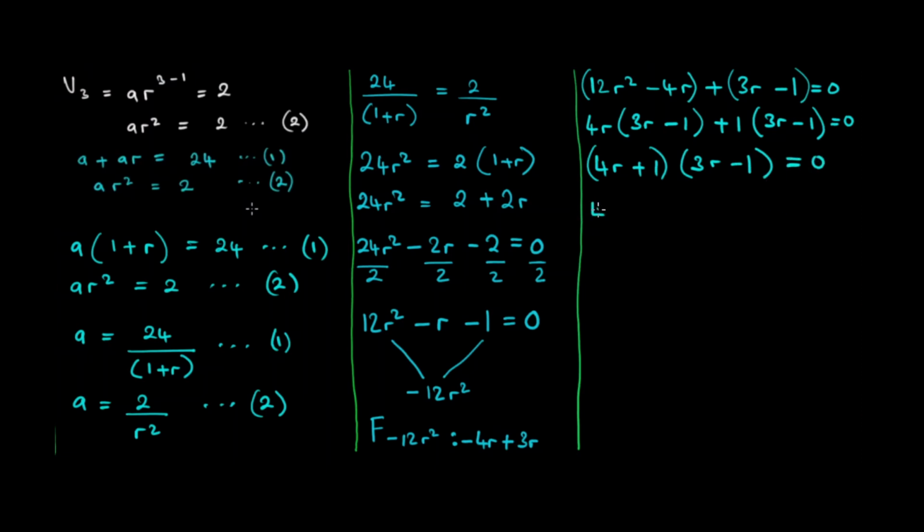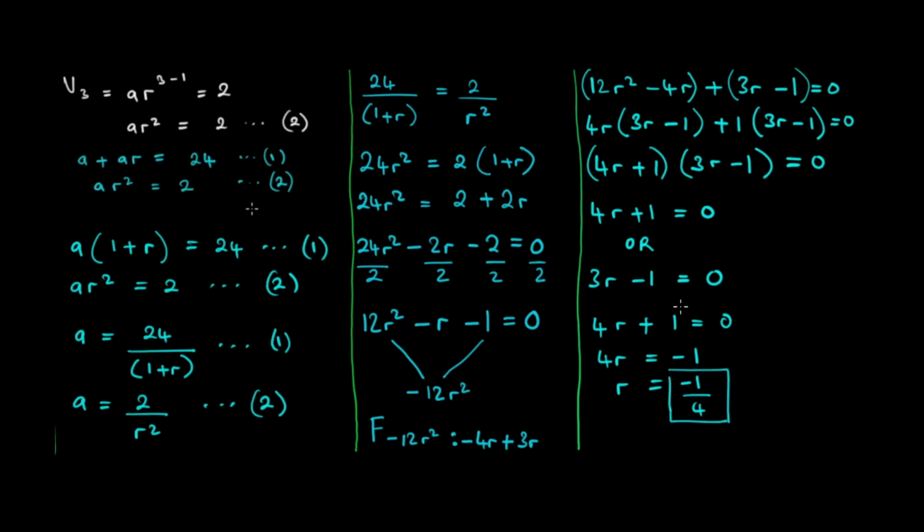This means 4r plus 1 is equal to 0, or 3r minus 1 is equal to 0. From the first equation, 4r plus 1 equal to 0, which means 4r is equal to minus 1. So r is equal to minus 1 over 4.